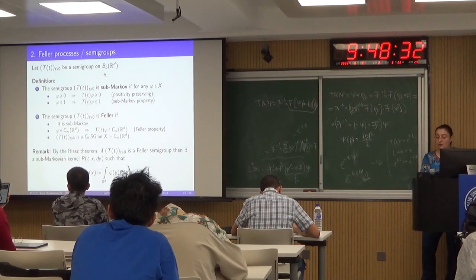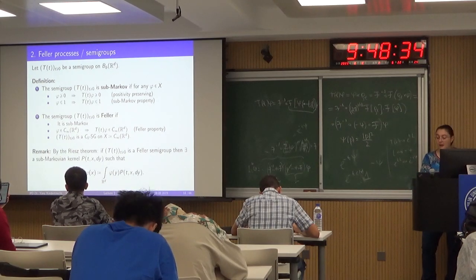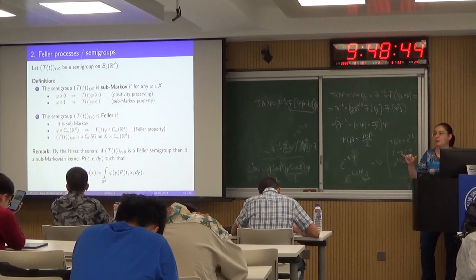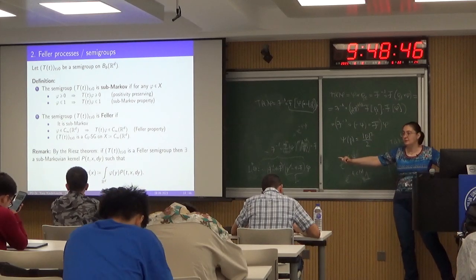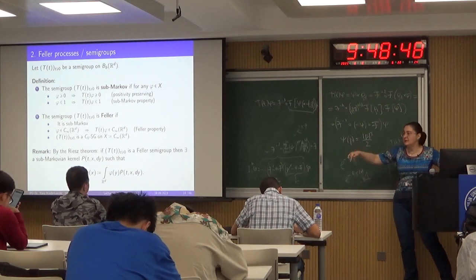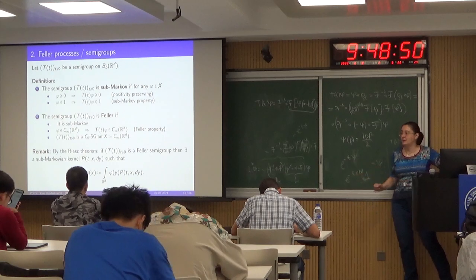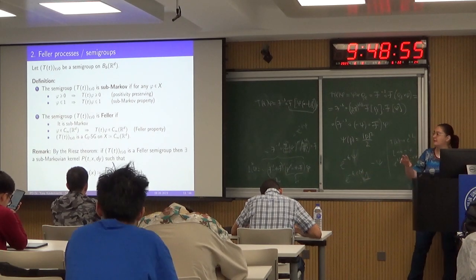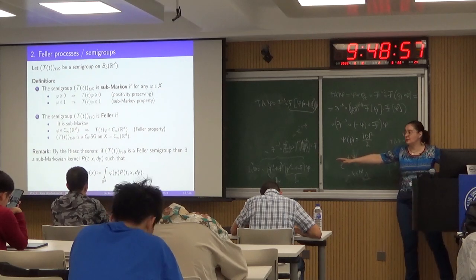And moreover, it turns out that any Feller semigroup has this form for some sub-Markovian kernel. But as soon as we have a sub-Markovian kernel, we have a Markov process on a state space Q or a state space Q plus symmetry. Okay? So if we have a Feller semigroup, there is a Markov process.